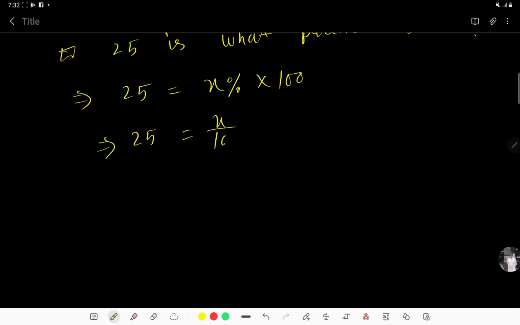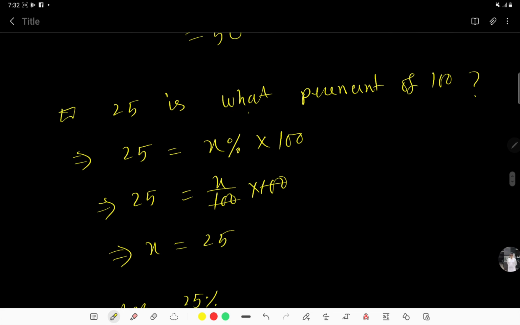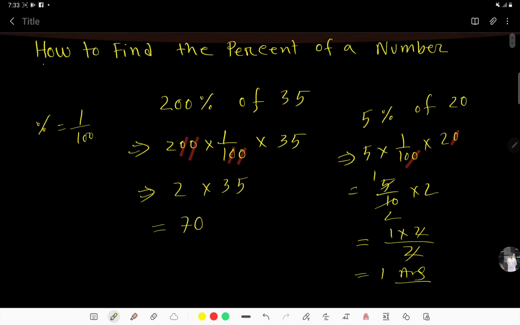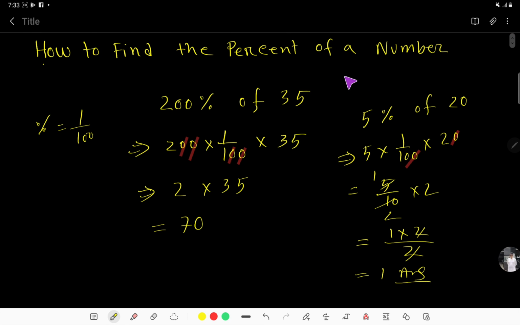So x divided by 100, percent means 1 over 100, the 100s cancel each other. So we are getting here x equal to 25. That is, the answer is 25%. 25 is 25% of 100. I hope, believe and expect that now you can easily find the percentage of any number.